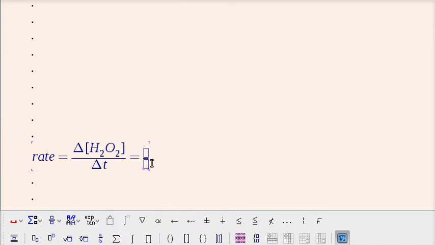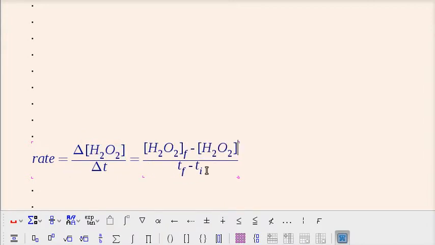So let me write out final minus initial: concentration final minus initial, over t final minus t initial, equals 0.458 minus 0.882, over 180 minus 0.